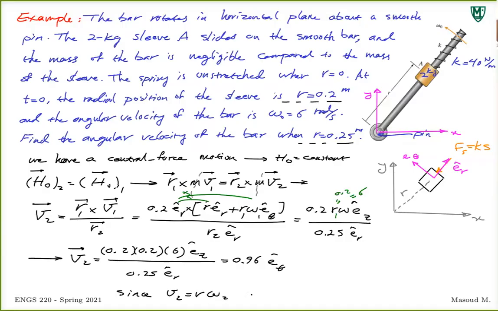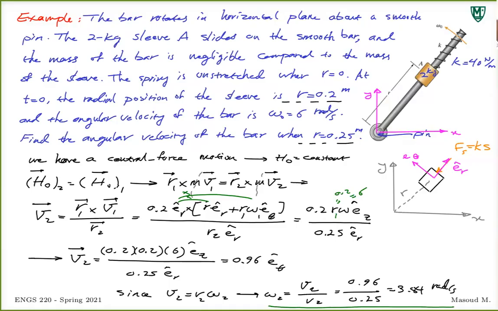That we already know. As a result, omega 2 becomes V2 divided by R2, 0.96 divided by 0.25. I think you will get, hopefully, 3.84 rad per second.